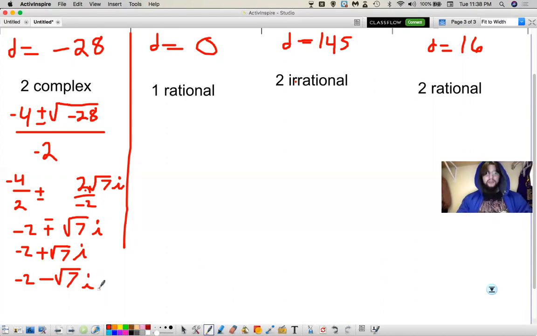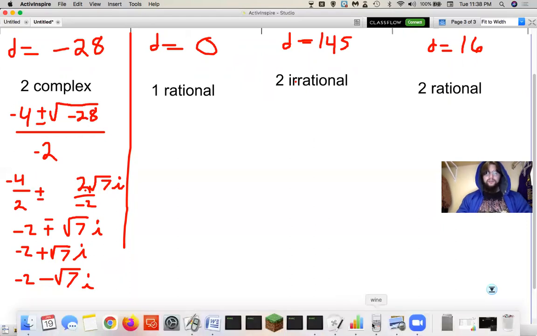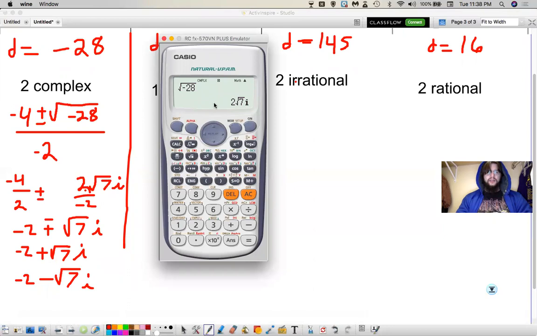That's our solutions. You could have typed this whole thing in here to check yourself.